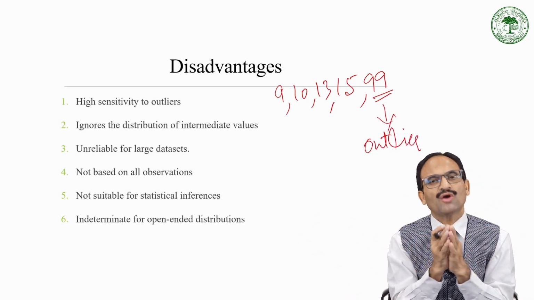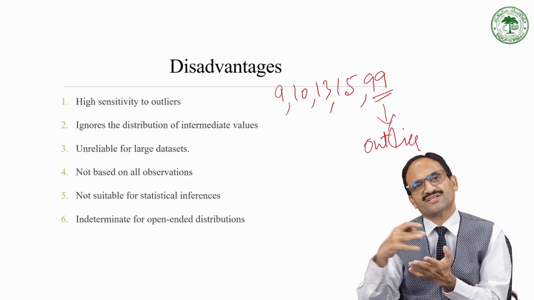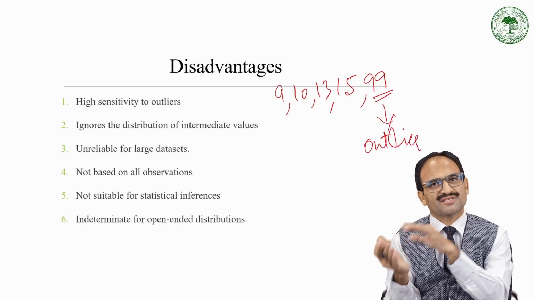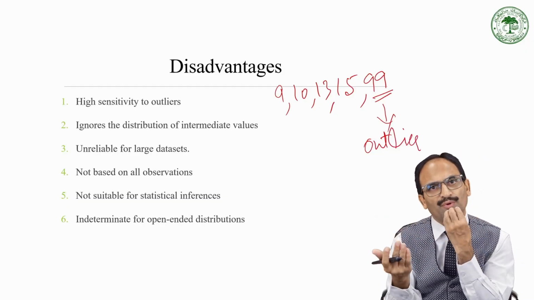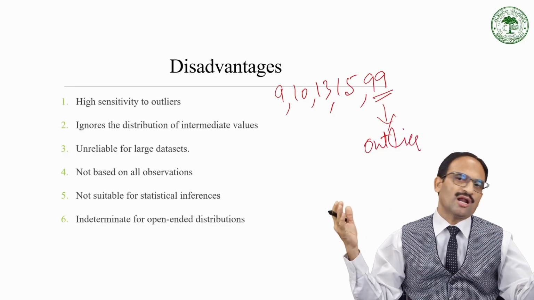When we have a large data set, we prefer to use quartile deviation or standard deviation in comparison to range, because they are more reliable. Then it is not based on all observations.